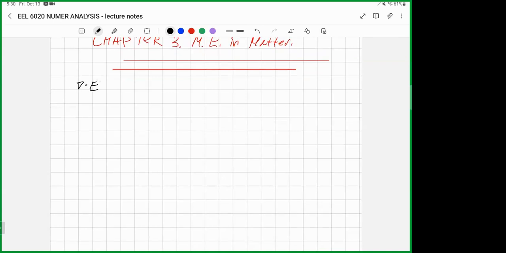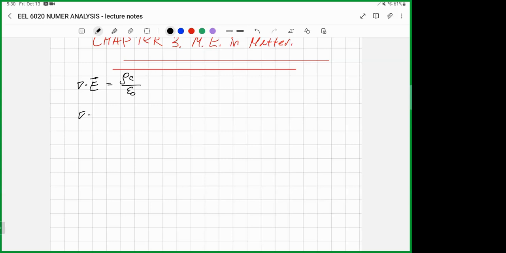First of all, we recall this equation for the divergence of the electric field, which is given by the charge density over epsilon 0, right? And if I integrate this over some volume, it will give me the equation for the flux of the electric field through any arbitrary surface, and it's equal to the total charge in the system.